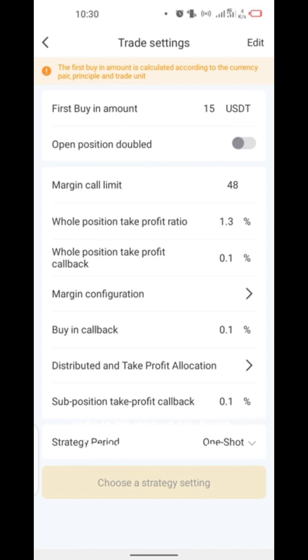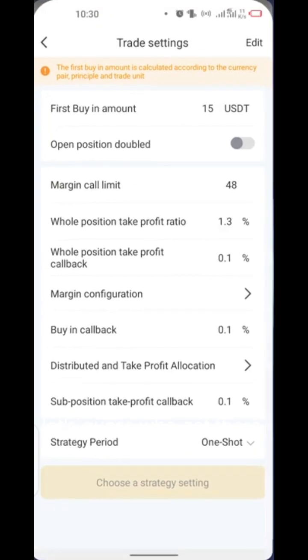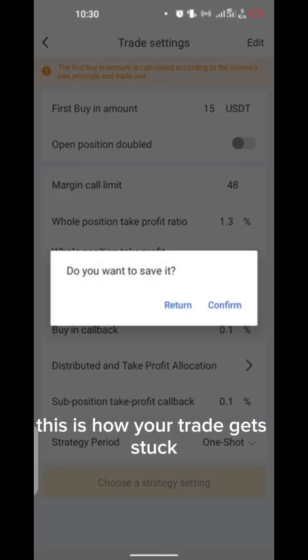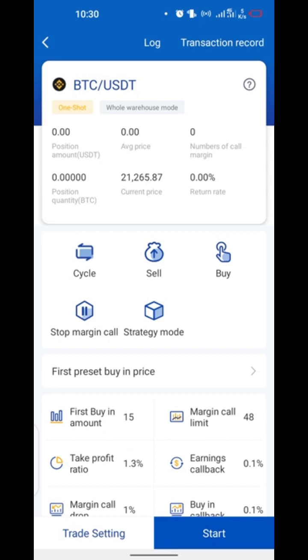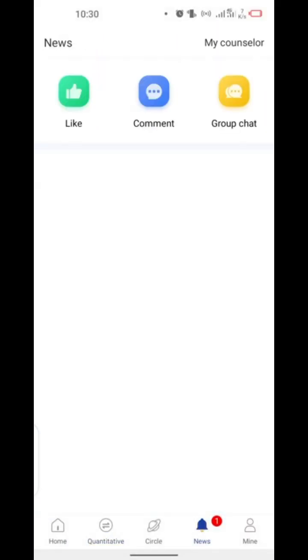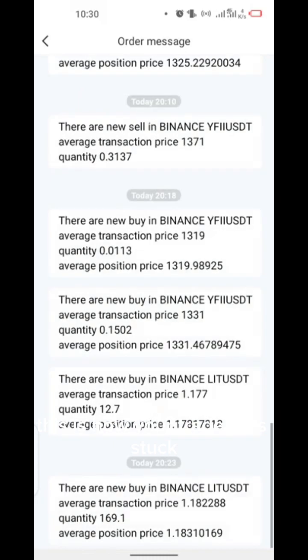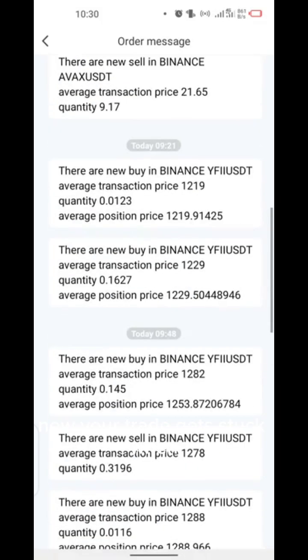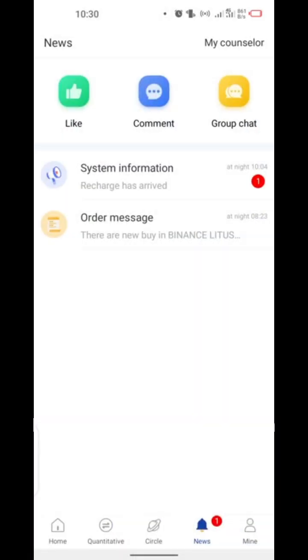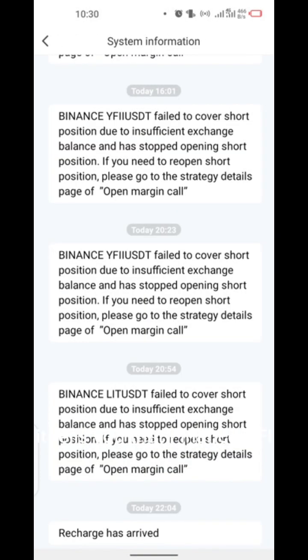Now, there are two important things. There is when we say your trade is stuck. Now, when does your trade get stuck? Well, this is how your trade gets stuck. Your trade gets stuck when the robot tells you that Binance YFI USDT failed to cover short position due to insufficient exchange balance and has stopped opening short position.